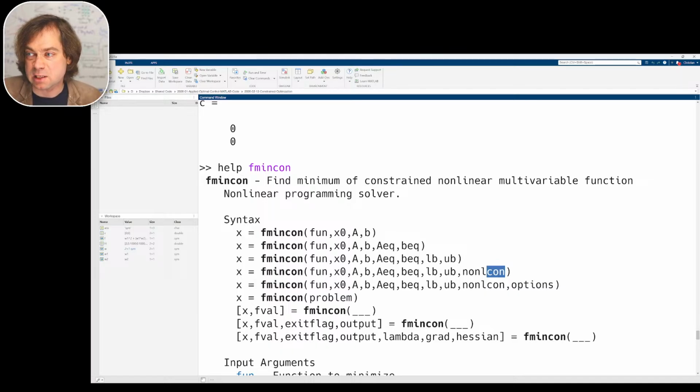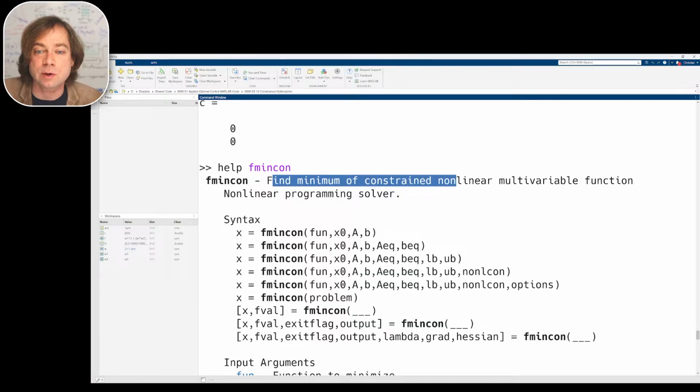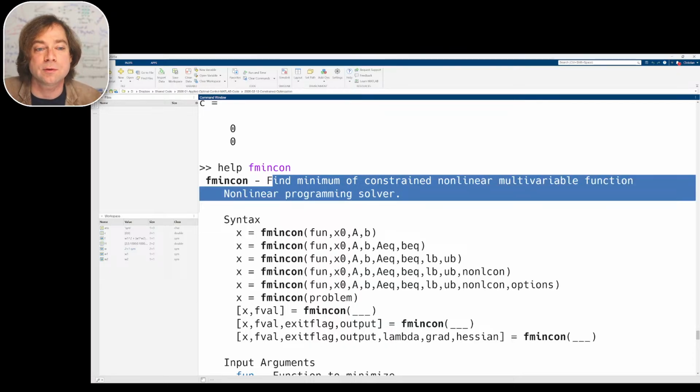At which point, it's much more important, or likely to be more important, what your initial guess is. Your guess at what the best solution is. And that's what x0 is. Okay. We threw that in as a throwaway into the quadprog because it didn't matter. They were going to figure it out. Okay. But here it matters more in nonlinear programming. Okay. Here, find the minimum of a constrained nonlinear multivariable function.